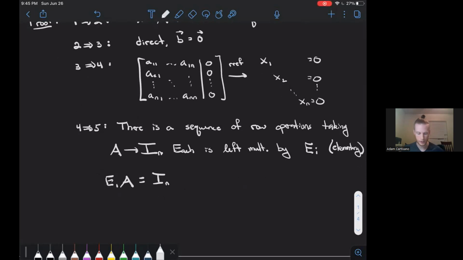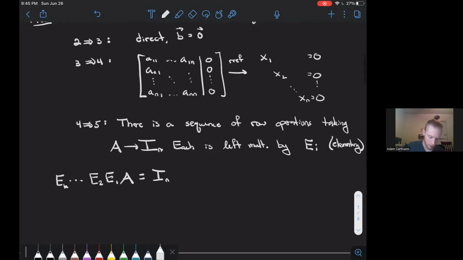That will be the first row operation. Then E2, all the way up to Ek, in that order. Each one is a row operation. By the associative property, that will row reduce A to the identity matrix.